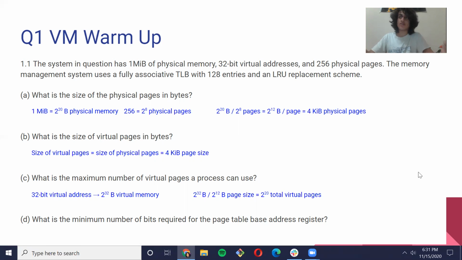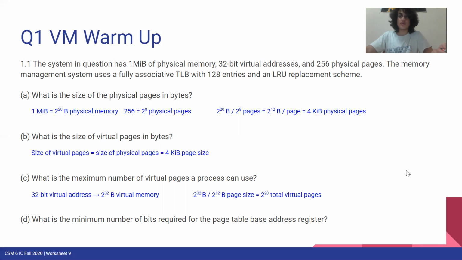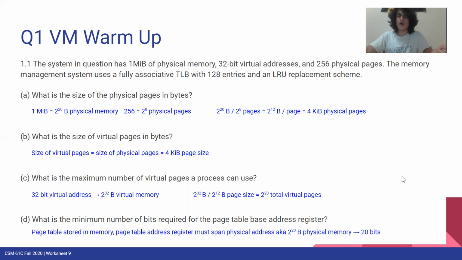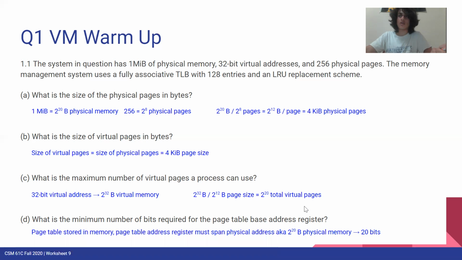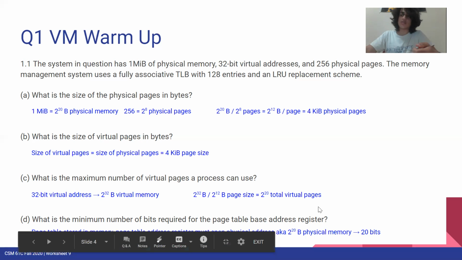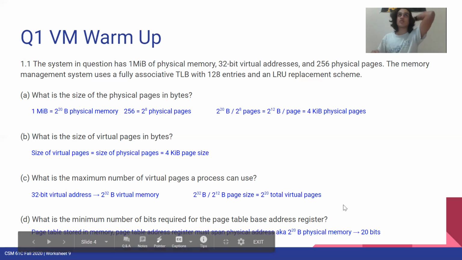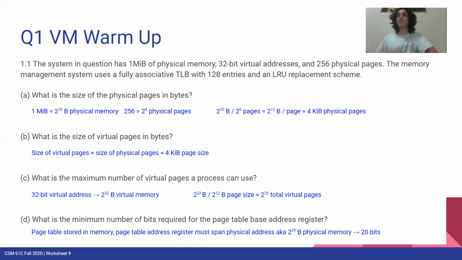So it spans a physical address, and we know that our physical address is 2 to the 20th. So when we have a certain size of memory, it corresponds with log 2 of that. It corresponds to how many bits represent that.